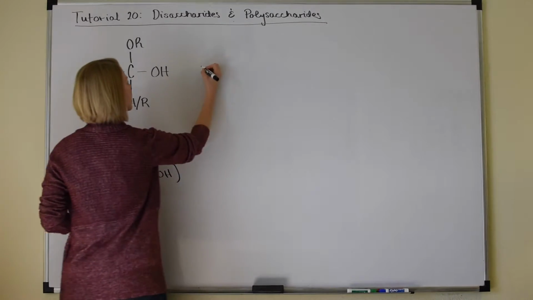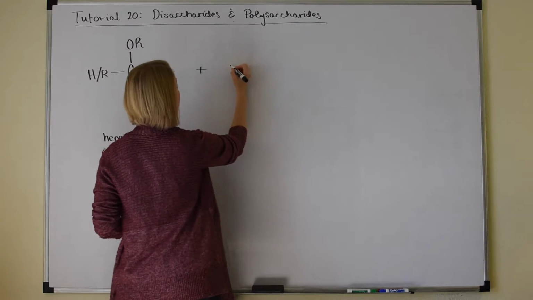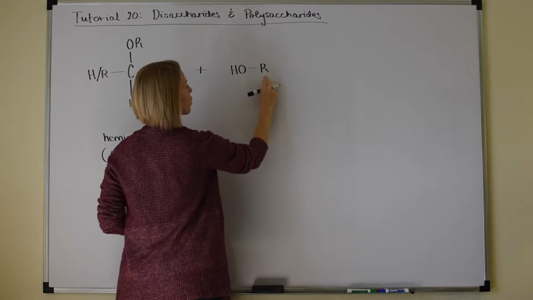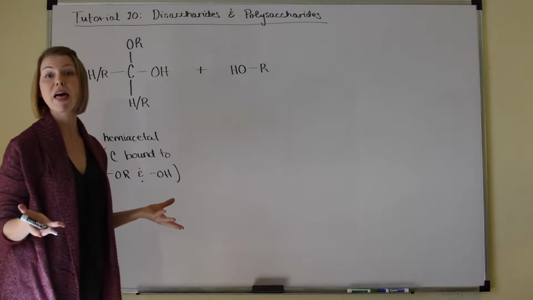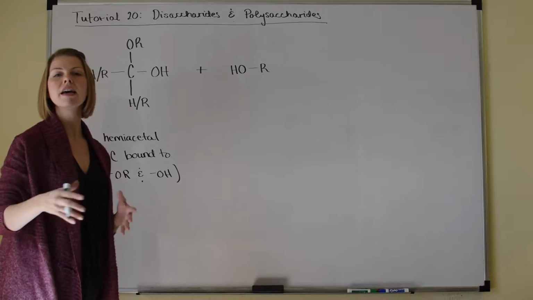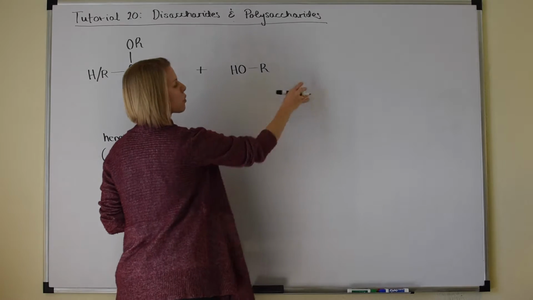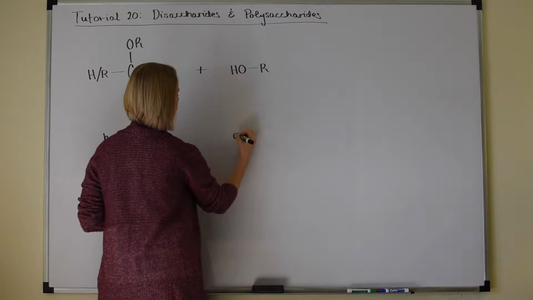So we're going to write plus, we're going to draw some generic alcohol here, HO, and then I'll just write R here. Remember that that stands for the rest of the molecule. So if this is methanol, then it's just a CH3. If it's ethanol, then it's a CH2CH3. So we don't really care what the R group is, just some number of carbons. So let me label this alcohol.